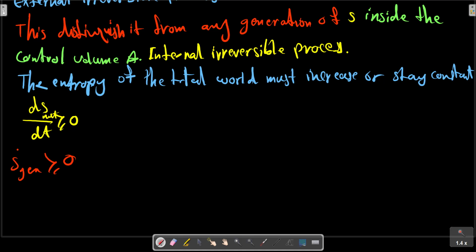In these cases, it is preferable to rewrite the equation for surrounding B to account for the fact that the heat transfer originates at temperature TB.